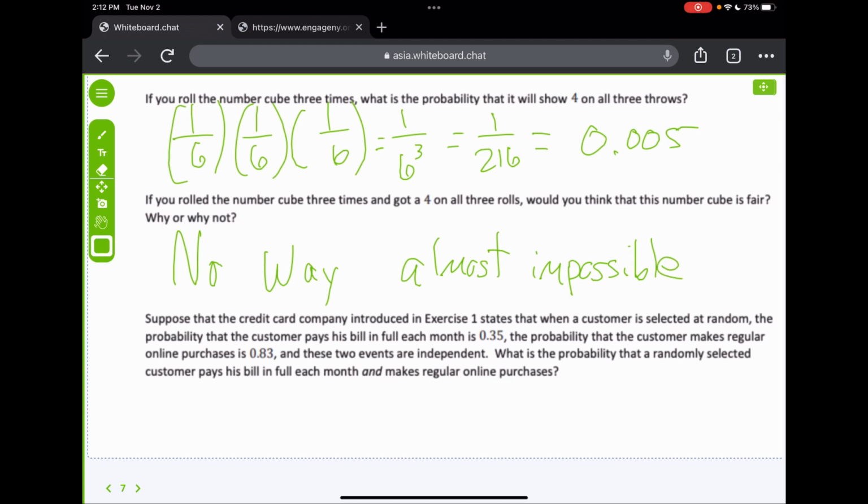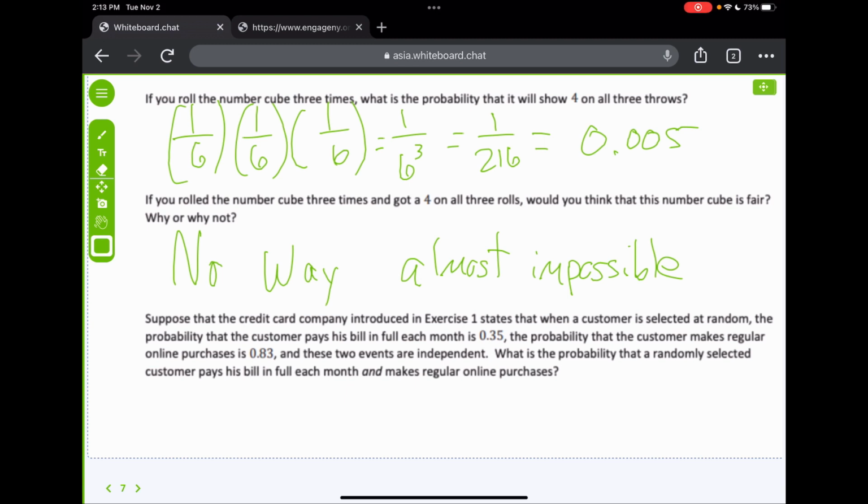Okay, so now, suppose that the credit card company introduced in exercise 1 states that the customer is selected at random and the probability that that customer pays his bill in full each month is 3,500. And the probability that the customer makes regular online purchases is 8,300. And these 2 events are independent. What is the probability that a randomly selected customer pays his bill in full each month and makes regular online purchases?